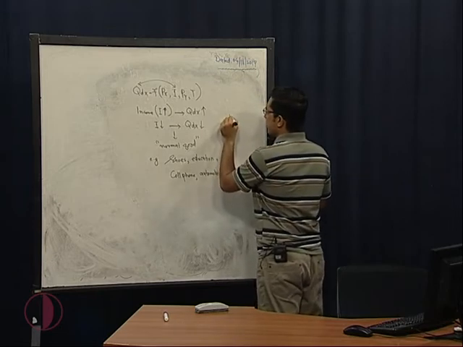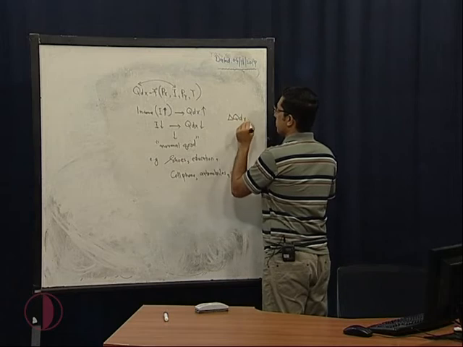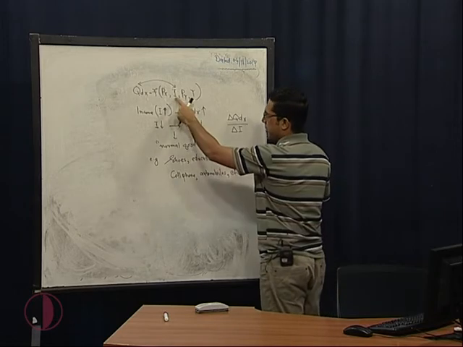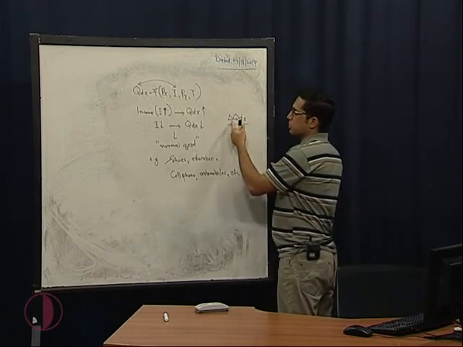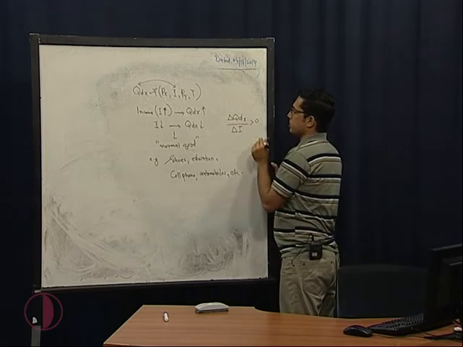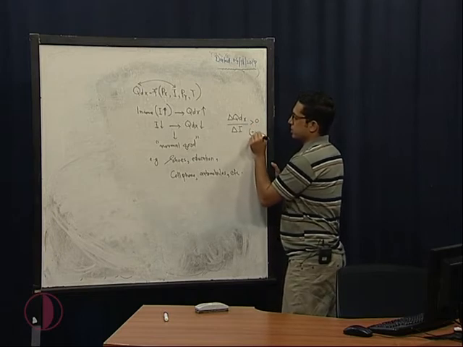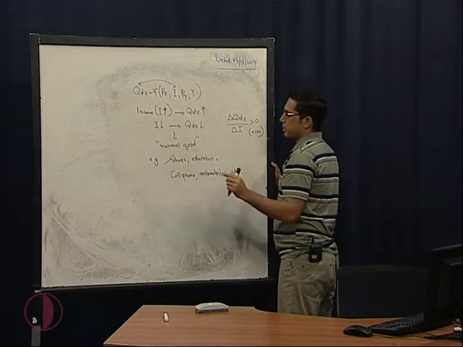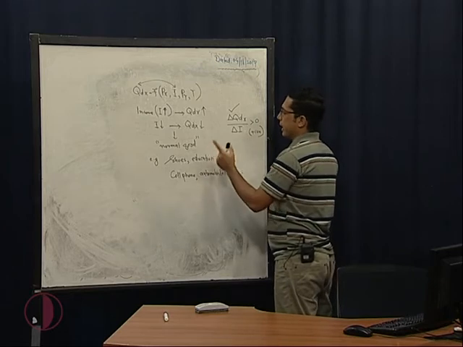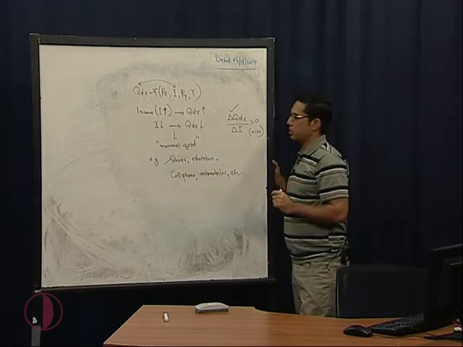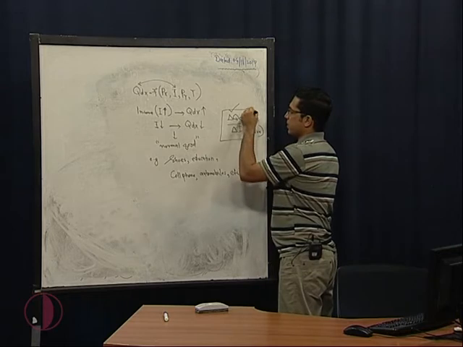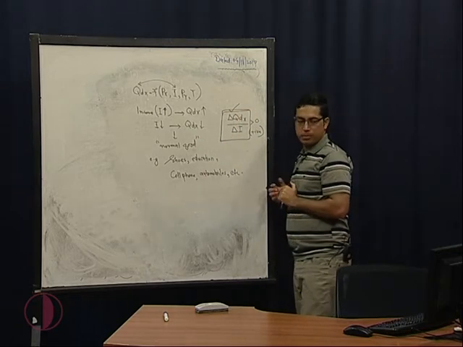We can write it as change in quantity demanded of X due to change in income. Now we are talking about the income factor. So change in quantity demanded of X due to change in income will be greater than 0, which means positive. But this is the case if the underlying commodity is a normal good. So for a normal good, change in quantity demanded of X due to change in income will always be positive.